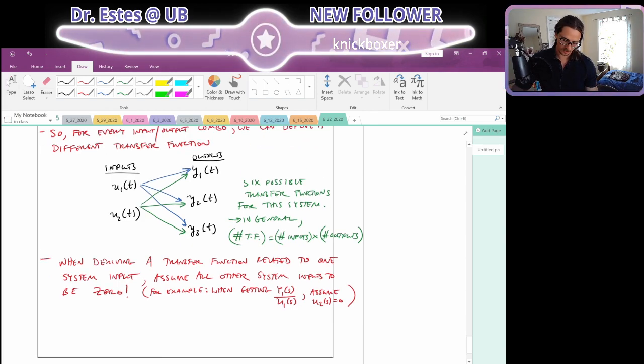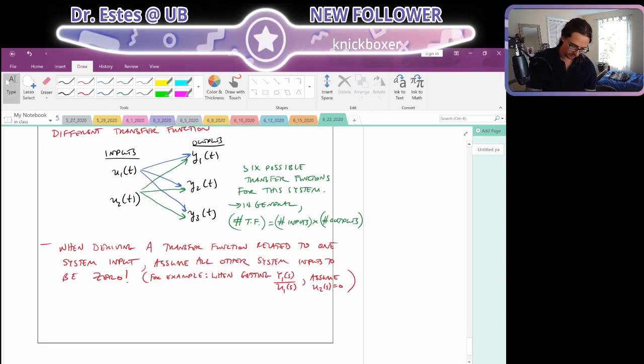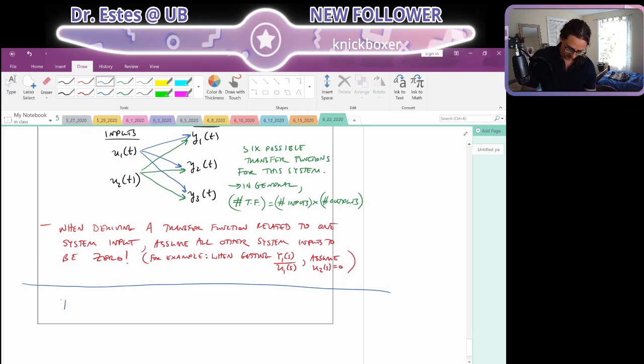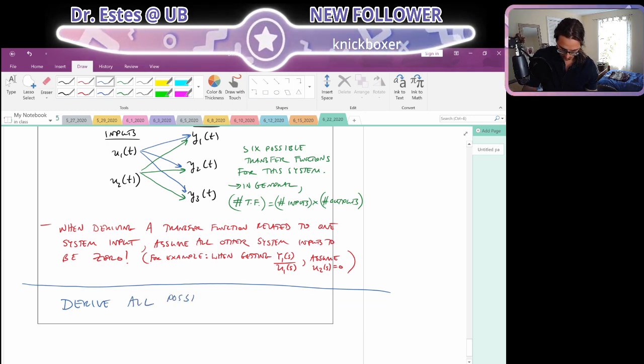All right, now let's get into it. Let's do some practice. This will help us get more familiar with transfer functions. Derive all possible transfer functions for this system.